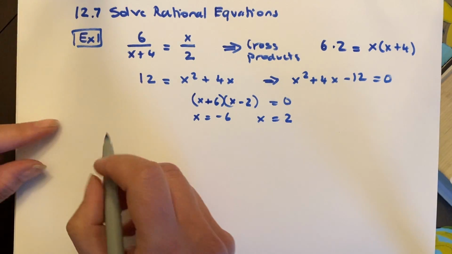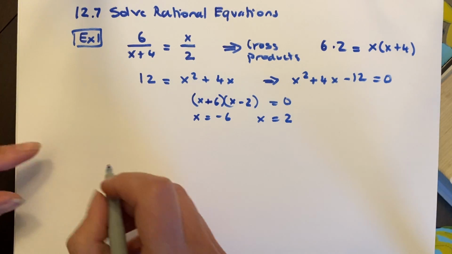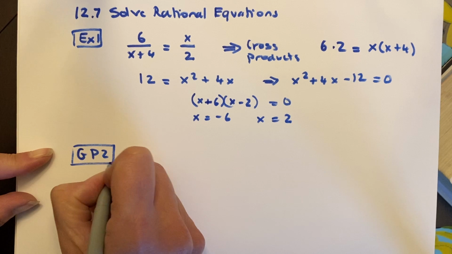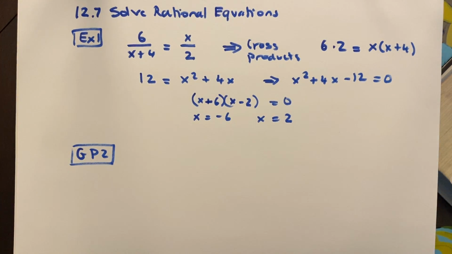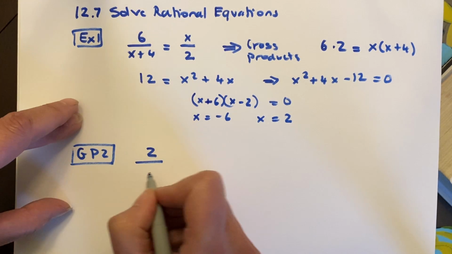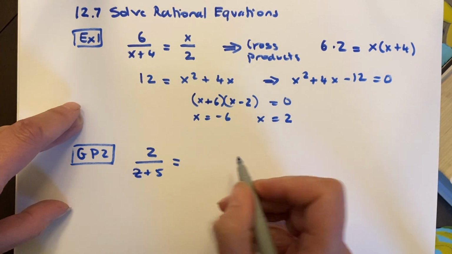Let's see, I'll just do one of the guided practices. Let me just do guided practice 2, and I suggest that you pause the video, do guided practice 2, and then come back and see if you did it correctly. 2 over z plus 5 equals z over 7.